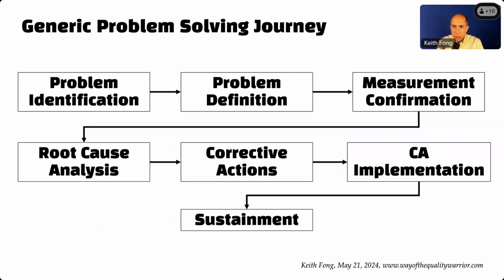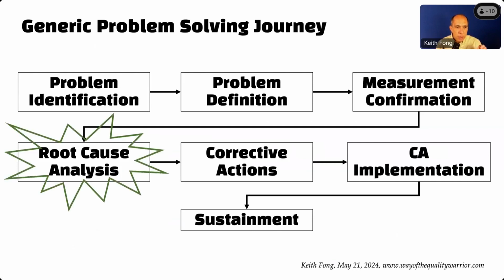From there, we have to verify that we have a reliable measurement system. Then we go through the root cause analysis, figuring out what is causing this failure. Once we know the cause of the failure, we move to the corrective actions to either control or correct it, implementation of those corrective actions, and then sustainment of the corrective actions. This presentation is focused specifically on the root cause analysis, and not just root cause analysis, but the very first step of root cause analysis.